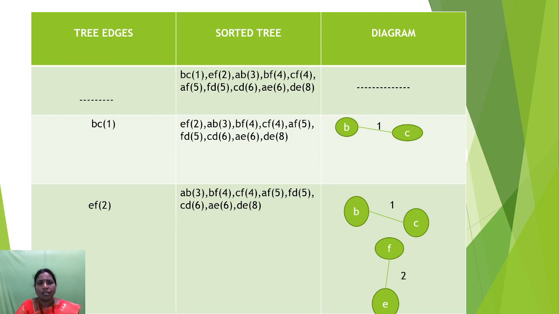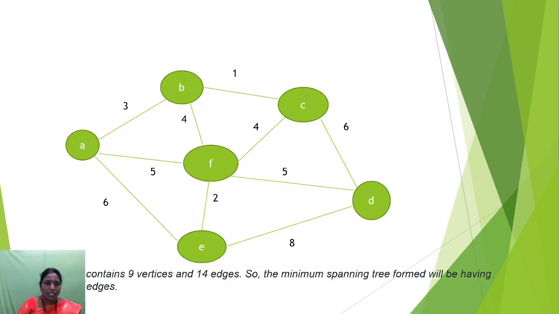In the next column you choose the sorted tree. What is sorting? We can arrange things in ascending order or descending order, that is called sorted. Here I am choosing ascending order, so the weightages are ordered from minimum to maximum. For example, BC is 1: two vertices are connected and the weightage assigned for BC is 1.